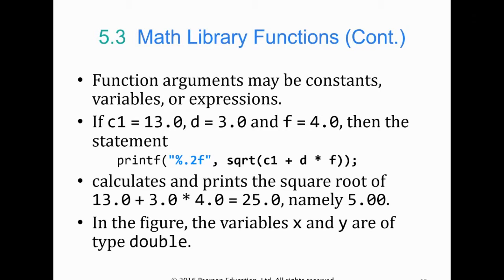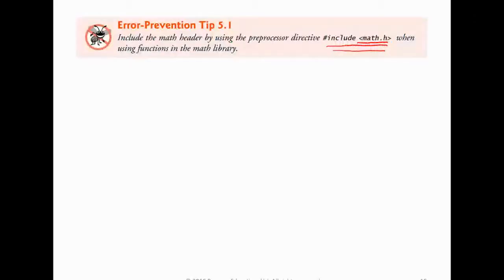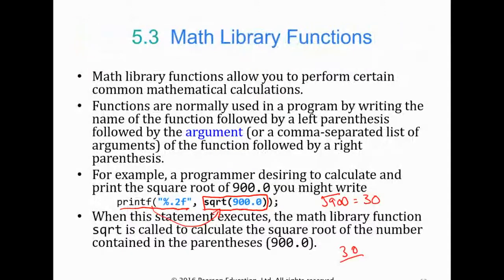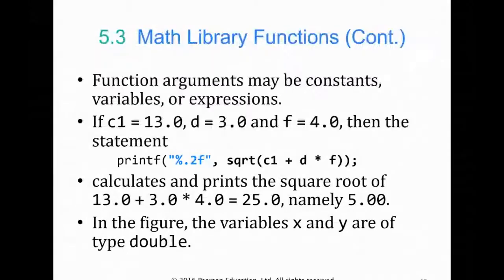Now, as far as the arguments of a function are concerned, in this case, the argument of our square root function was just a number 900. But you can give an expression, so you can give your function something which evaluates to a number, so you can give it variables. So we have C1 plus D multiplied by 5, and whatever that number is, I think that's 25. So in effect, you will get the function sqrt(25). This is the argument of sqrt.